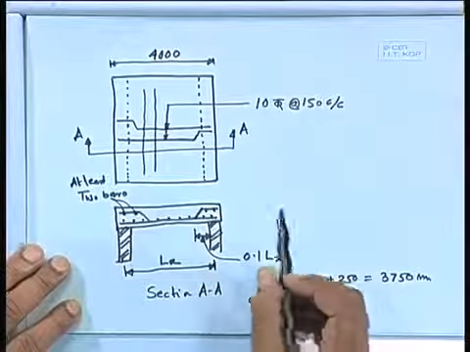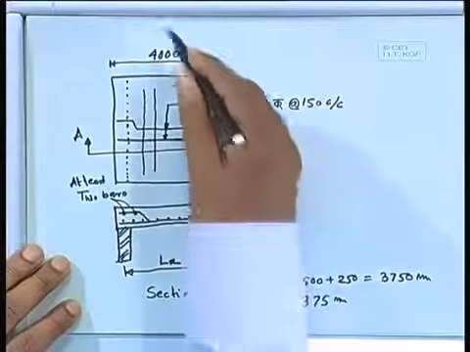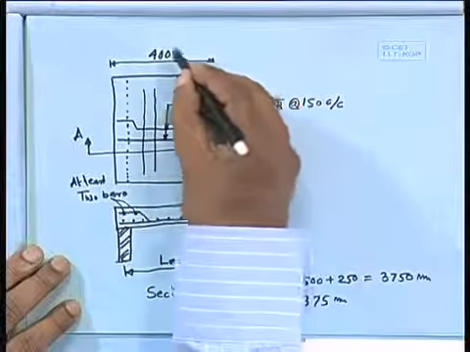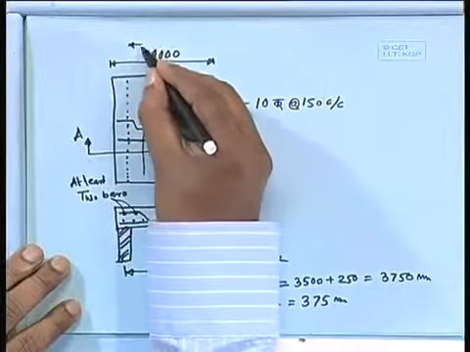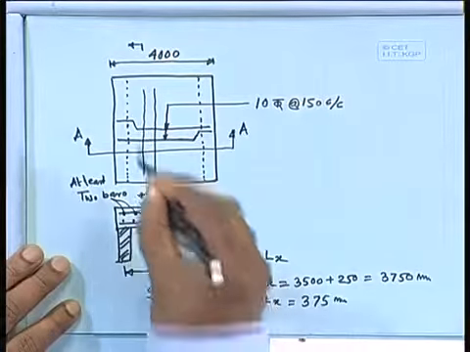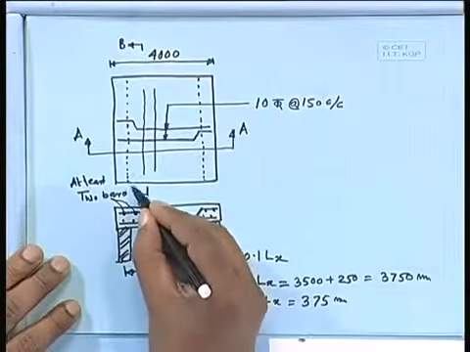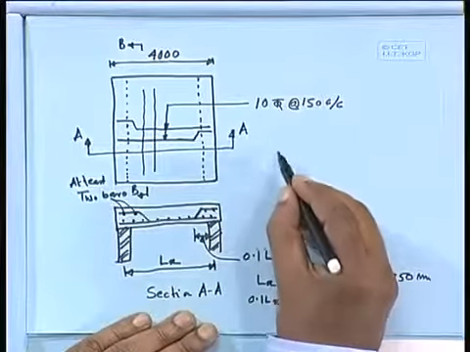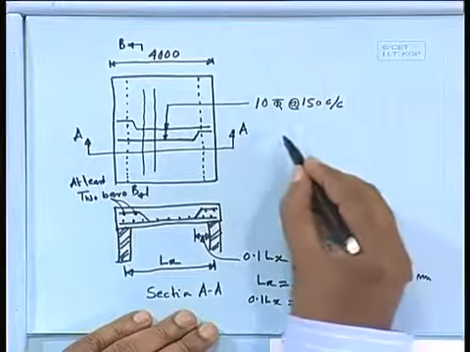Now what about the other side, this side? That means I can take another section, that is BB, and which we can provide, say here, though it is not a good choice, so generally we provide somewhere here.